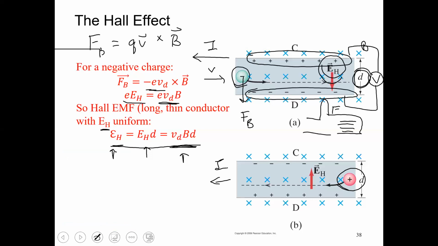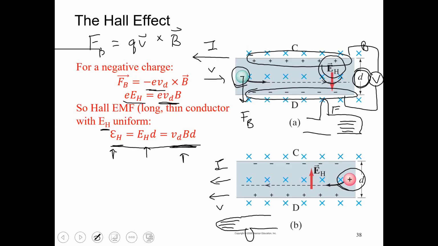But if positive charge were the thing moving, our positive charge is moving with velocity in this direction. We take our happy little right hand, we point our fingers in the direction of velocity. We figure out that to be able to bend our fingers into the page, our thumb would be pointed down. My cartoon hands are looking awesome right now, right?